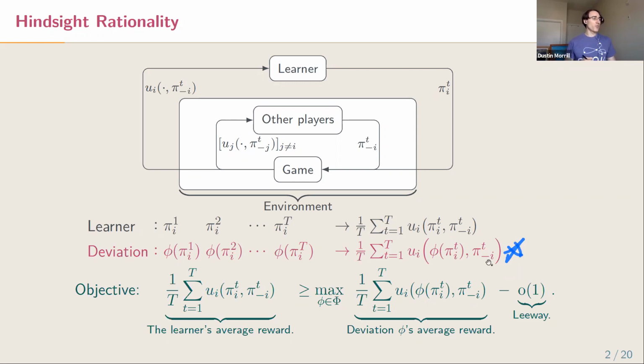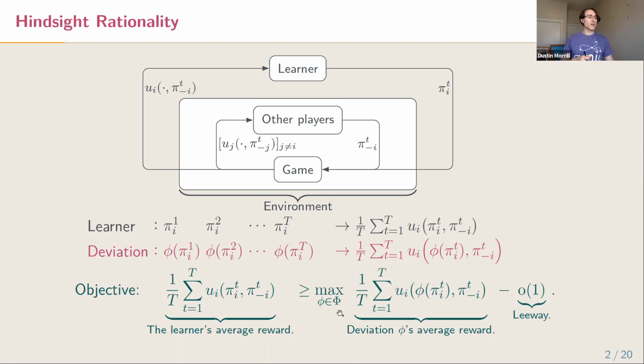And then the objective for the learner is going to be to accumulate enough reward to do nearly as well, or at least as well, as any deviation from some fixed set of deviations, capital Phi, over their entire lifetime. And so we call this objective hindsight rationality, because we're looking out, in hindsight, over the learner's lifetime and checking whether or not they could have done better than if they had done something else.